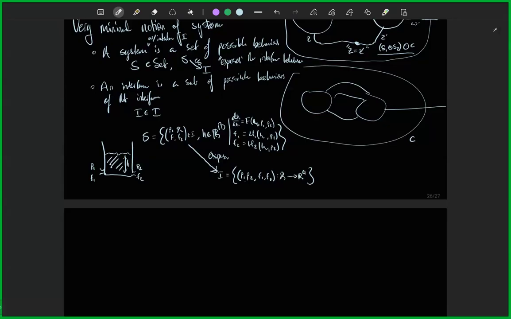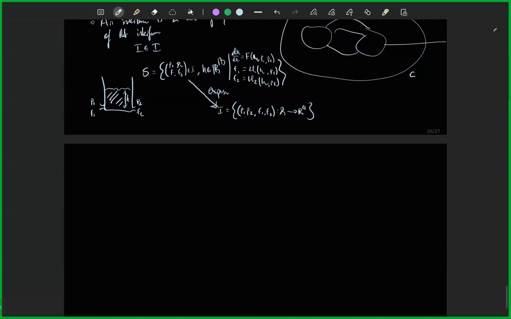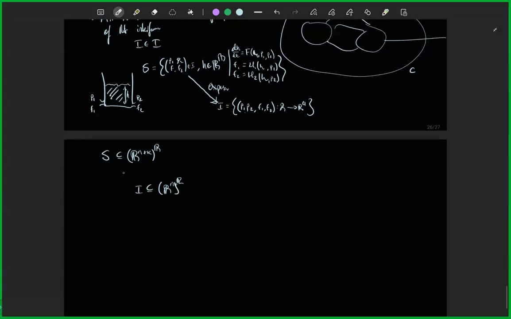So right here, it's a system of sort of algebraic differential equations, or differential algebraic equations. But in principle, we could constrain S in any way. So in general, what you're going to have is something like S is some kind of subset of R to the N varying in time, and I is some subset of R to the N plus K, and this is just R to the N, and we have just a projection here.